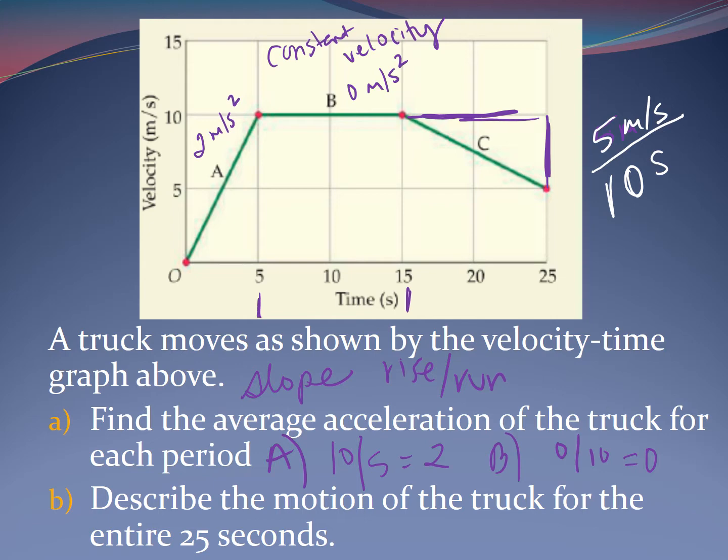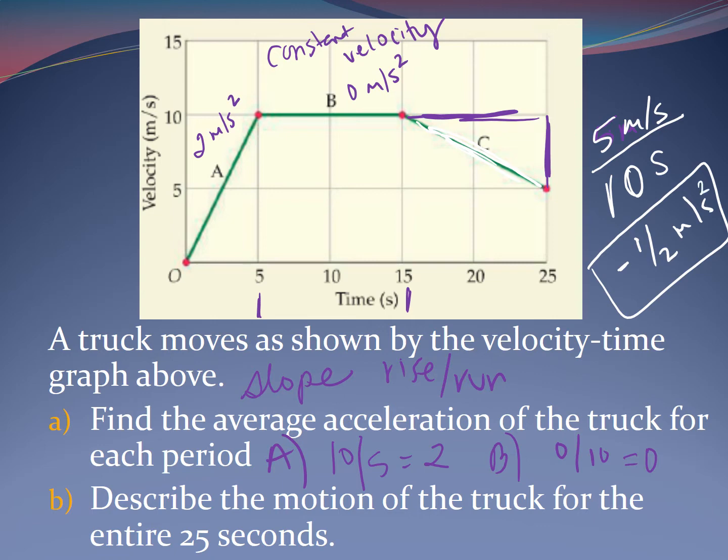We notice that our slope here is moving down at C, so I know that 5 over 10 is just 1/2 meters per second squared. It's going to be negative to show me that it's decelerating, that it's going from 10 meters per second down to 5 meters per second. And that's the acceleration, and acceleration should be squared.